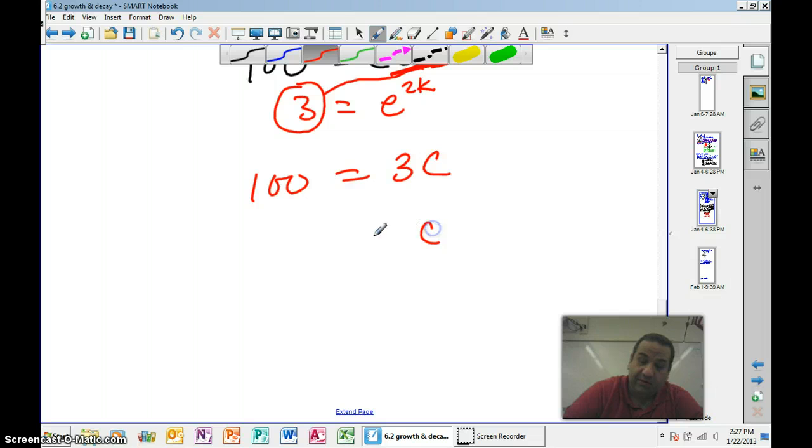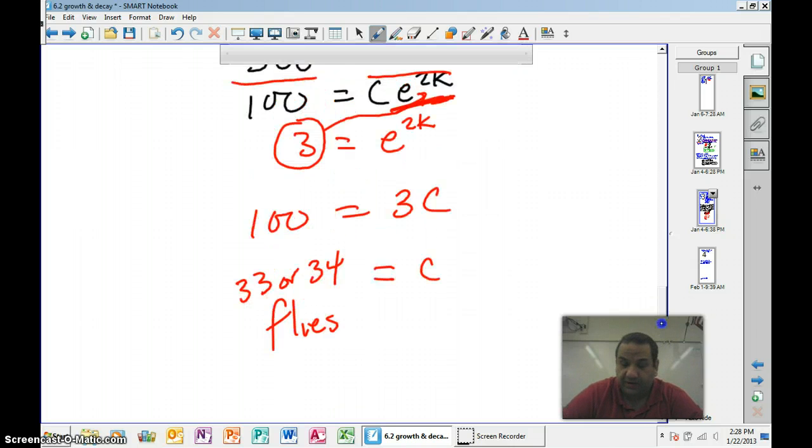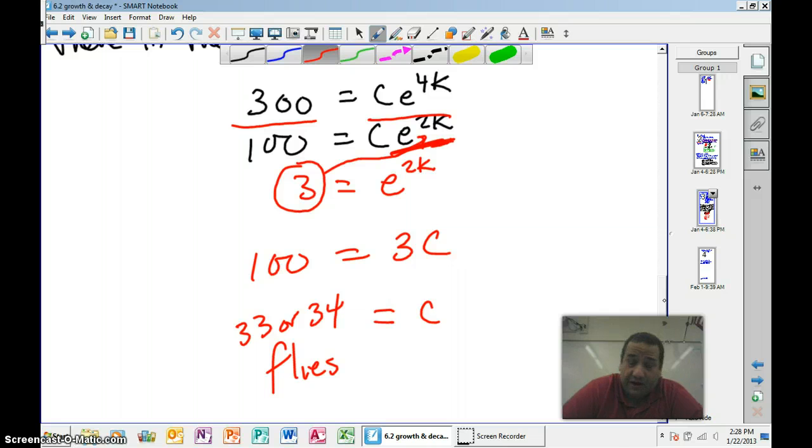So I could find c, which is what I really wanted, which is about 33 or 34 flies we started with. Because there's a decimal involved, you can't have half a fly. So when you solve that, it's 33.3 repeating. So it's either 33 or 34 flies, how many we started with. So notice I took this equation and I plugged it right back in for e to the 2k.